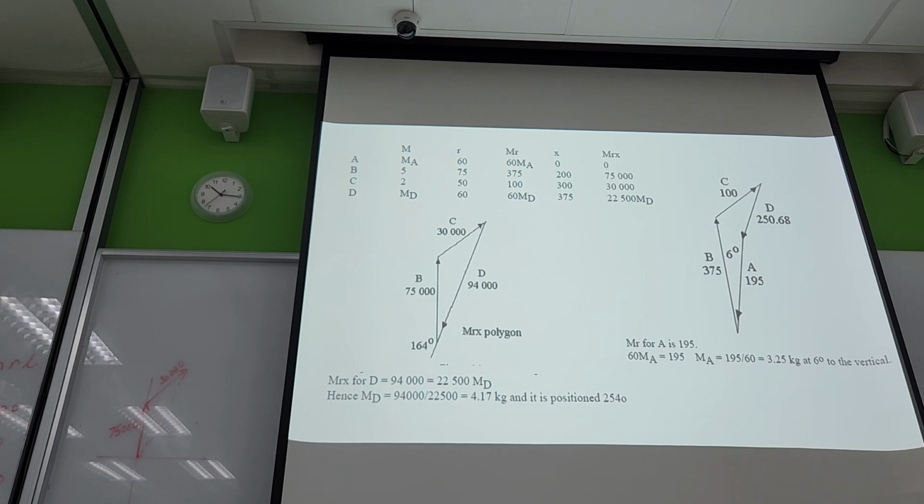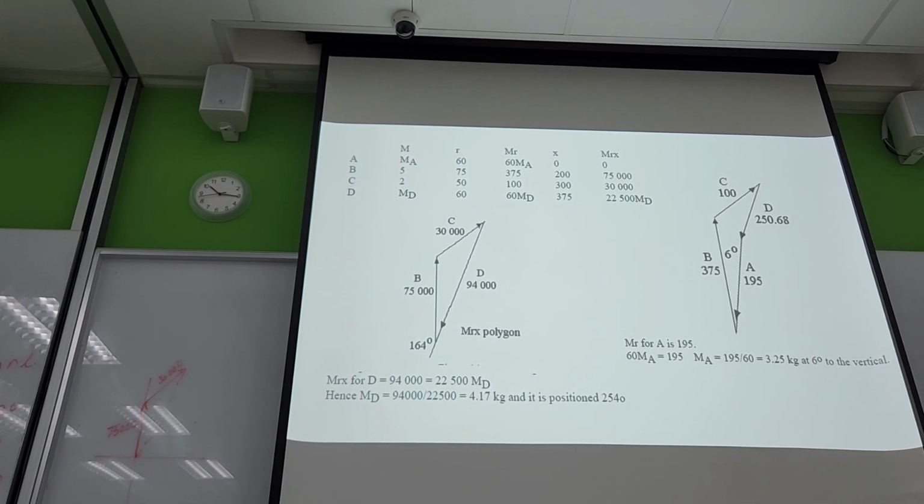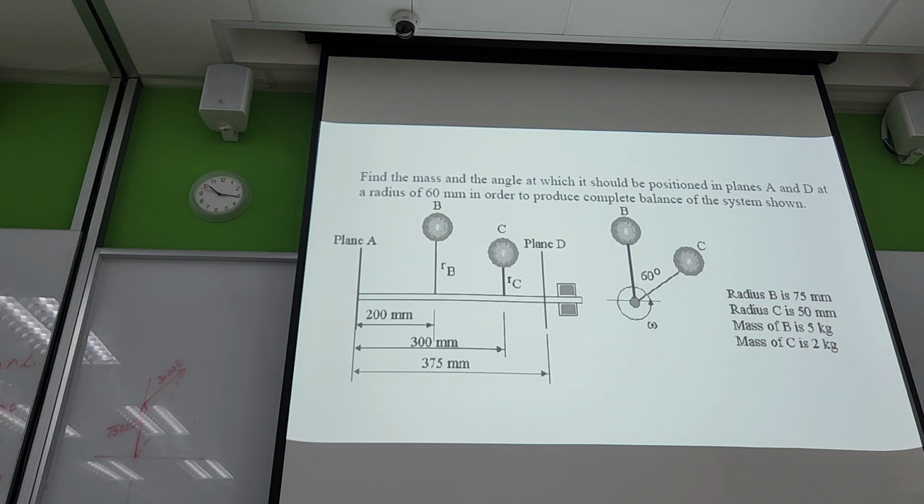So from B to C, how do you draw the local axis? From B is vertical, right? 75,000. So from here, put 60 degrees. If you see, the angle between B and C is 60 degrees. So B to C is 60.